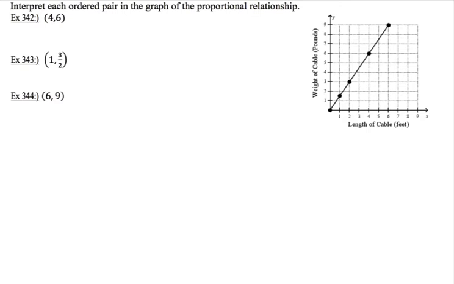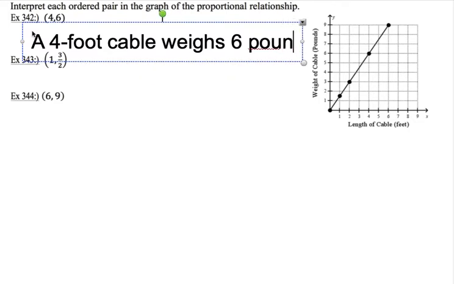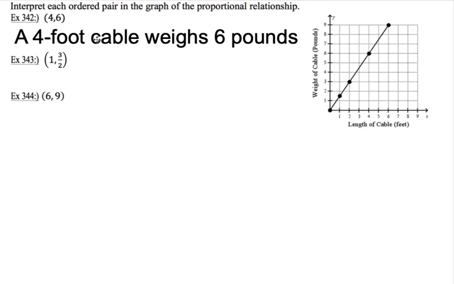Interpret each ordered pair in the proportional relationship. So 4, 6. Over here, we've got the length of the cable in feet and the weight of the cable in pounds. So 4, 6 means a 4-foot cable weighs 6 pounds. Okay, that's what the first one means.